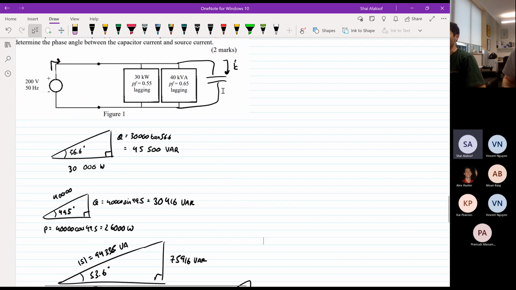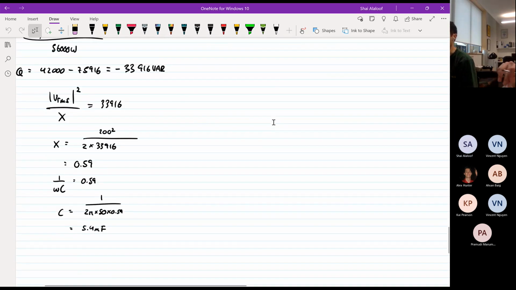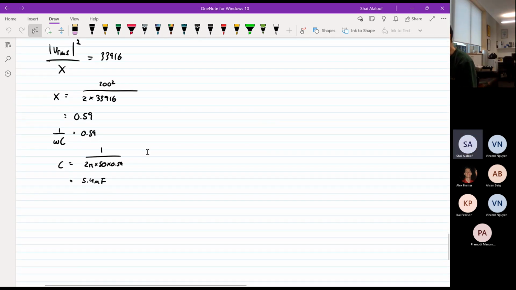The method is always just attach something in parallel, and that's indicative of what we do in real life as well. I'm sure Julian has already mentioned it, but usually your load is inductive, which means you want a capacitance to cancel that out.